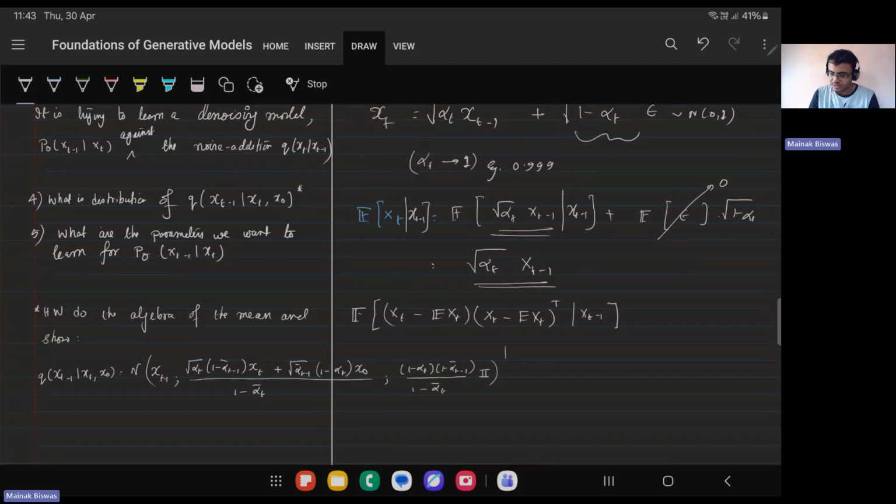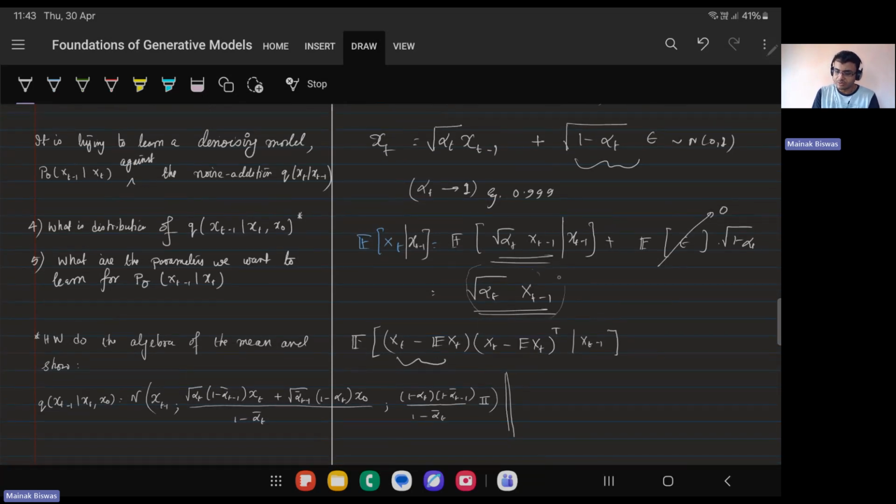And you can clearly see that this part of the data, the mean, is removed. So this is the mean, which is already there in the equation. So xt minus expected value of xt will only have this part, which is the expected value of root 1 minus alpha t epsilon times root 1 minus alpha t epsilon transpose given xt minus 1, which is now independent.